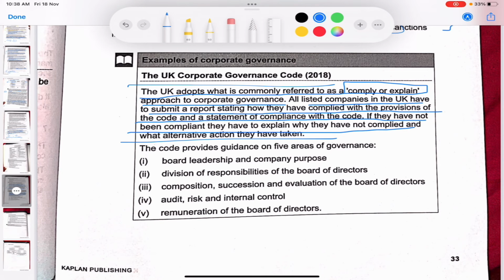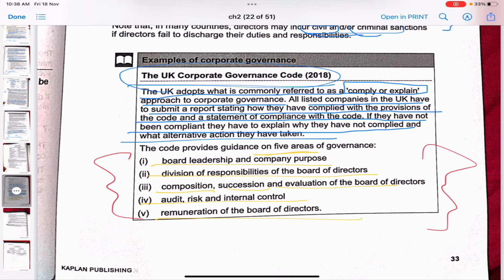And if they do not follow the code, then they have to list the reasons why they have not followed it. The code provides governance in 5 sections: board leadership and the company purpose, division of responsibilities of the directors, composition, succession and evaluation of the board, audit, risk and internal control, and remuneration of the board of directors. These are the things the UK Corporate Governance Code basically checks.